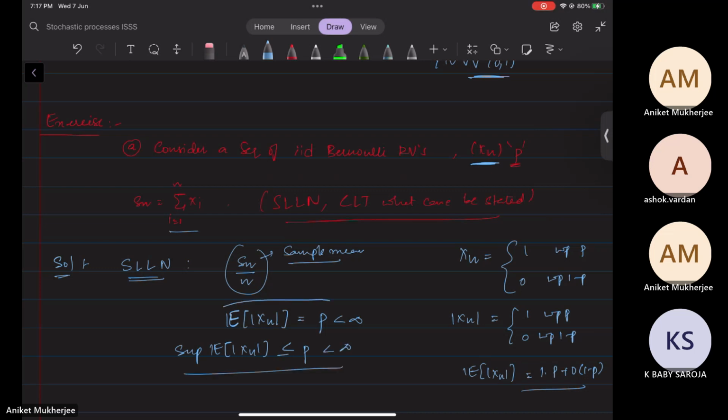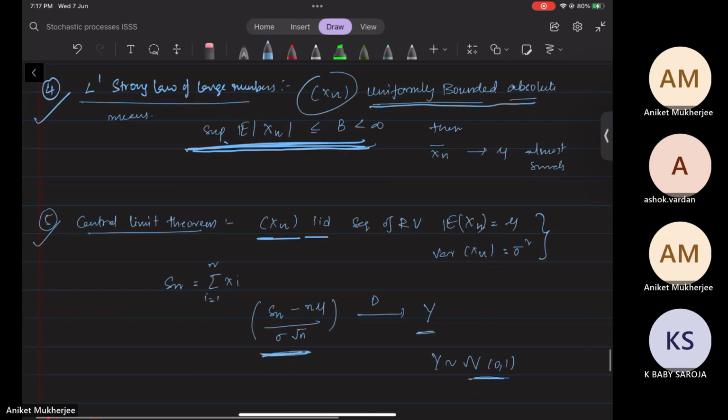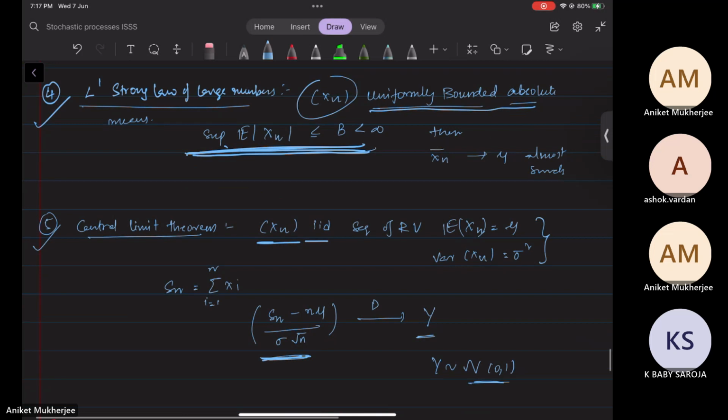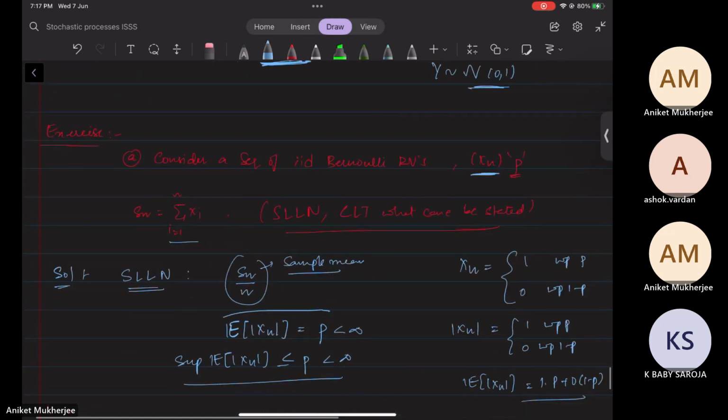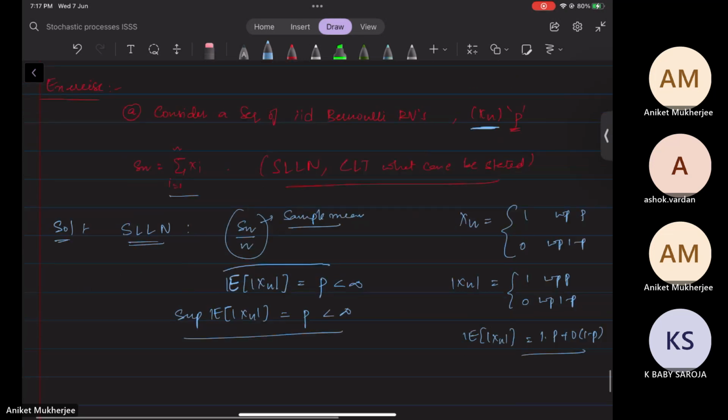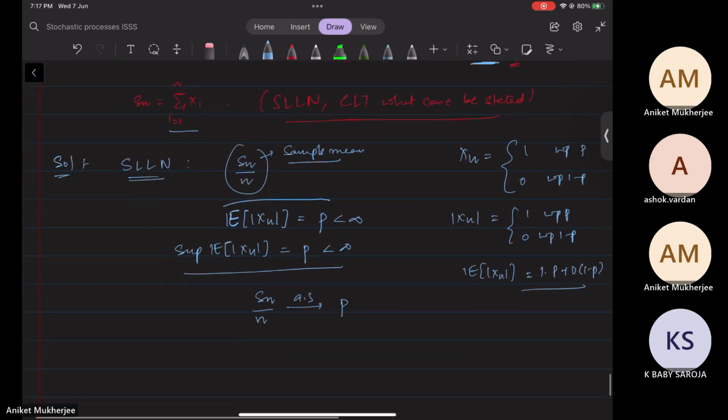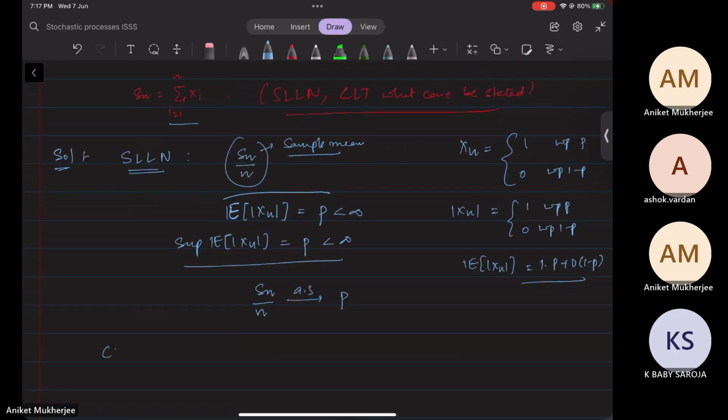Because for all n it is p, so the supremum of all this is equal to p, which is less than infinity. So we've shown uniform boundedness. This implies that Sn by n converges to p almost surely. Is that clear?